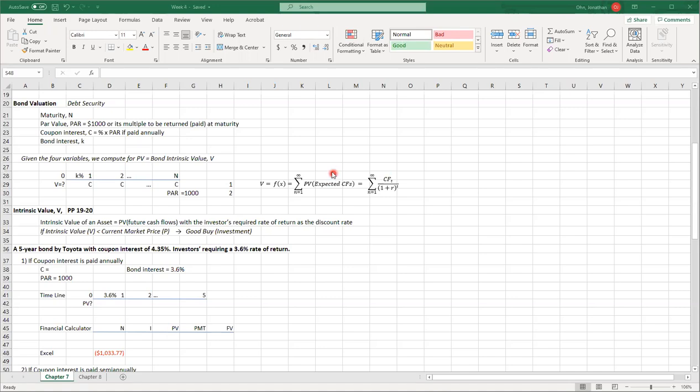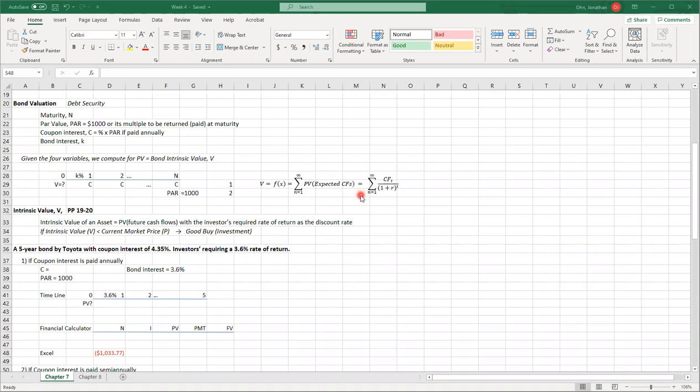All right. If you look at this one here, the valuation model V is equal to the sum of present value of future cash flows from that security. So that is the universal principle theory: the sum of discounted future cash flows.